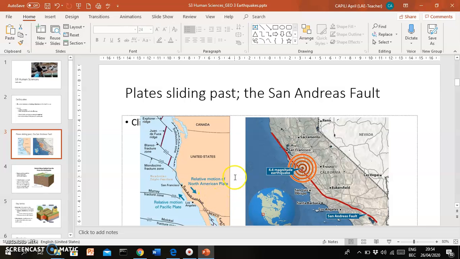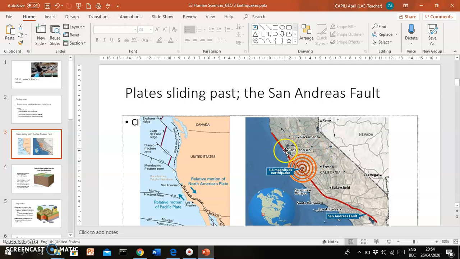We already gave this example before, as you can see here, on the west coast of the continental United States. You have basically two plates sliding past each other. So we're talking about the state of California here. As you can see, this long red line is the San Andreas Fault. Here you have the city of San Francisco.